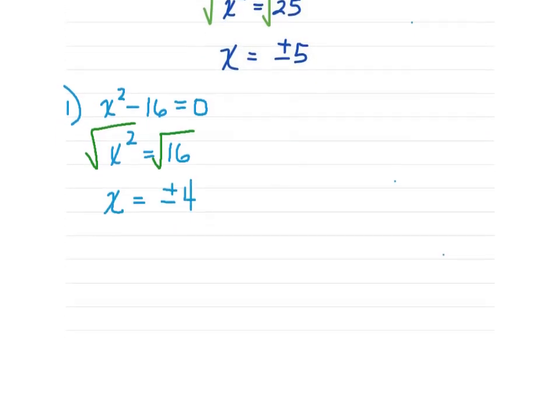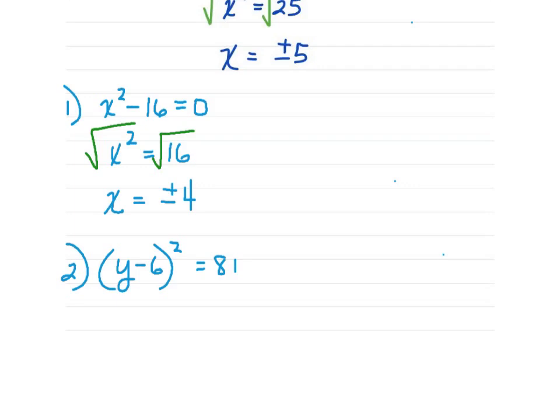Okay, let's go on and do number 2 together. I have y minus 6 squared is equal to 81. Well, here, y minus 6, the entire expression is being squared. So before I can isolate y, I first have to undo that which is causing those parentheses to be there.